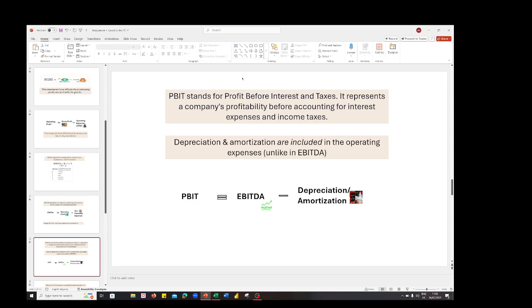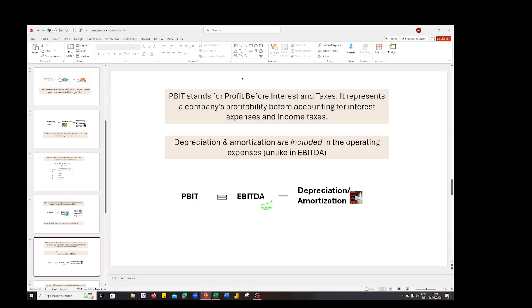So it represents a company's profitability before accounting for interest expenses. Maybe you've taken a loan from the bank, then you need to pay interest on that loan and income taxes. So you need to pay tax.